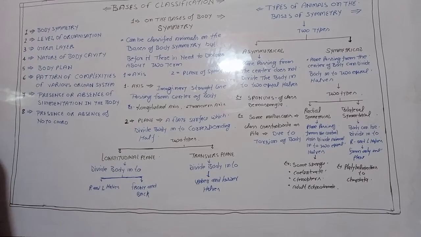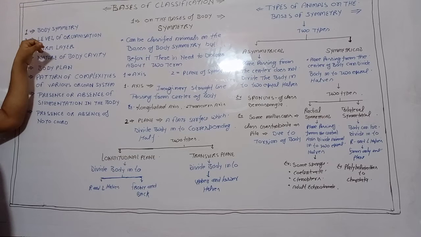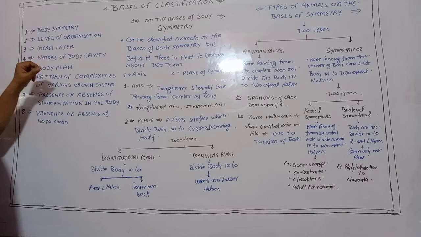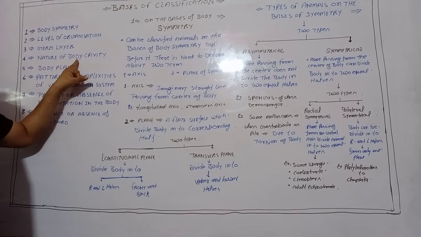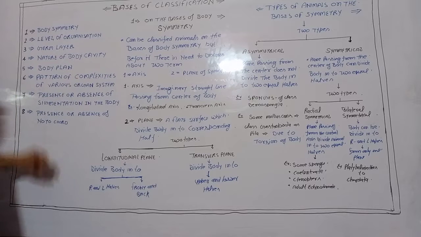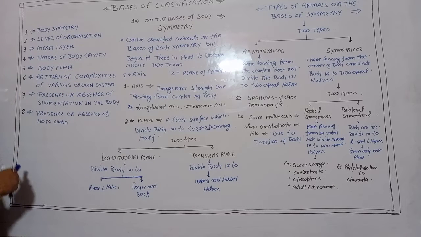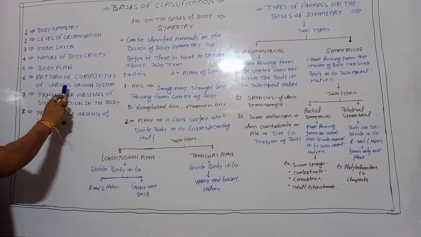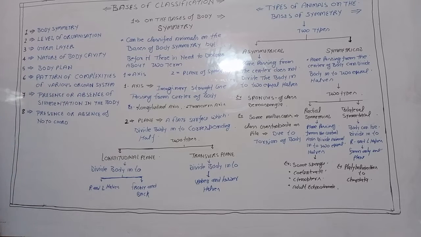So here we have taken 8 bases, in which one base is not given in your NCERT, and the other 7 bases are given here. First base, body symmetry. Second, level of organization. Third, germ layer. Fourth, nature of body cavity or coelom. Then body plan, then pattern of complexity of the various organ systems.